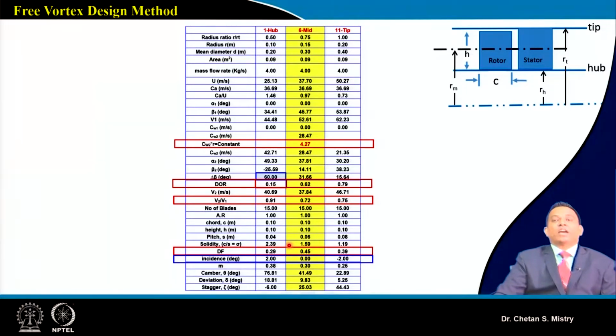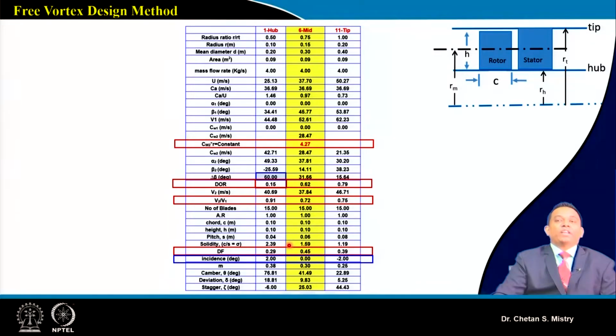From the mid station calculation, we have found Cw into r at mid station, that is equal to a constant. And from that constant value at different radii, Cw2, that is at the exit of my rotor, varies at hub and tip.